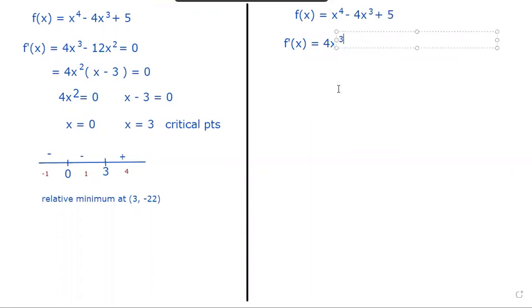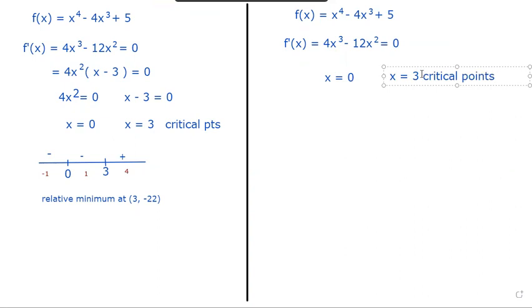That's 4x cubed minus 12x squared. So just to save a little time, let's just say our critical points are going to be 0, because we've already done the work on the other side, and also 3. These are our critical points.